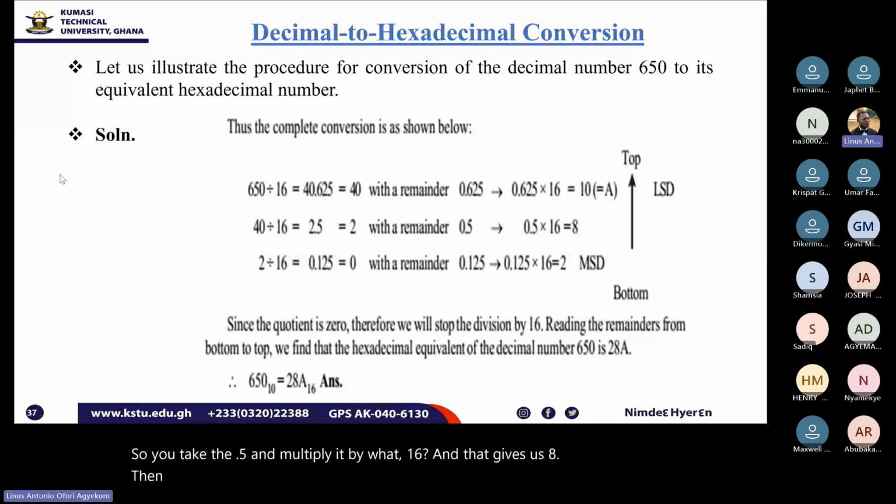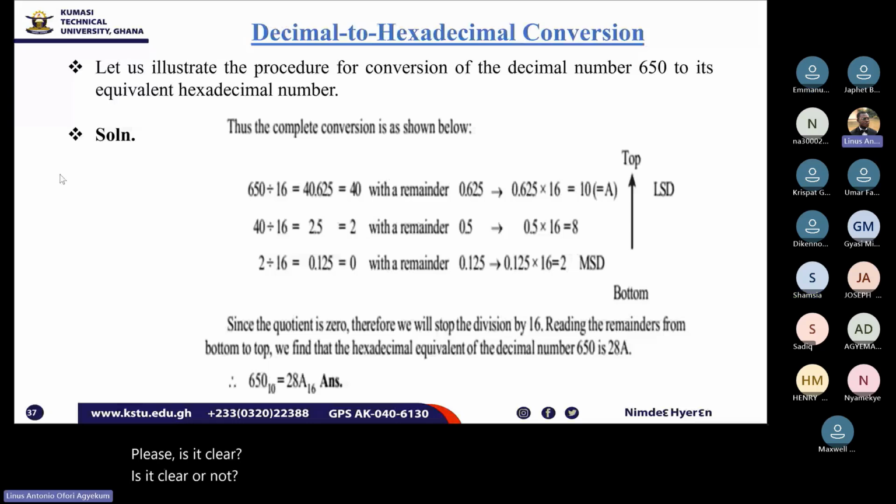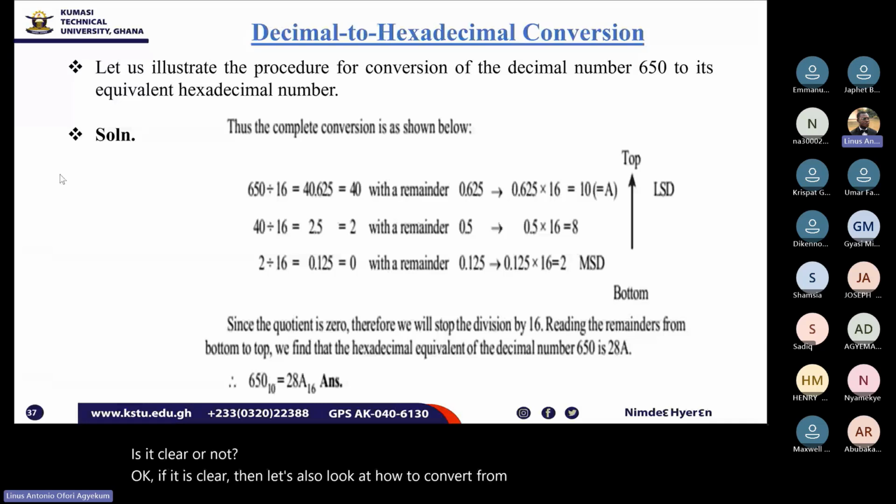Please, is it clear? Yes, sir. Is it clear or not? It's clear. Okay. If it is clear, then let's also look at how to convert from hexadecimal to binary.